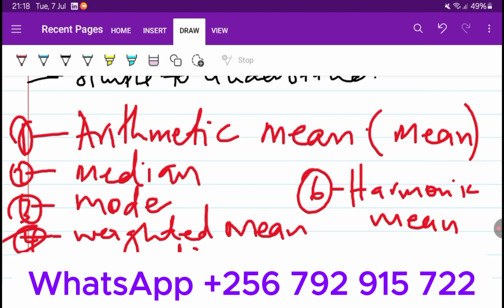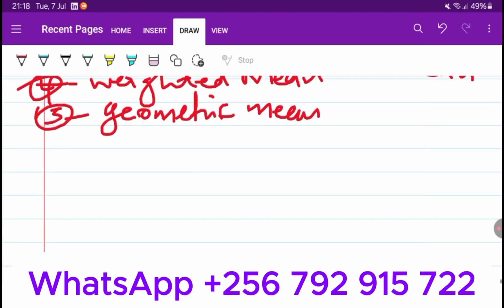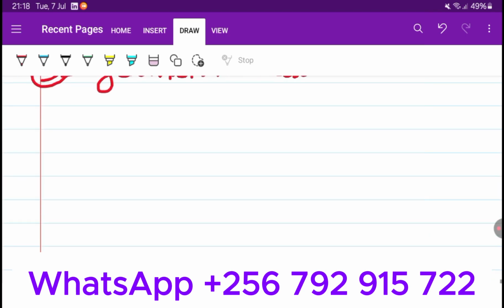Even though they are just computations using different formulas and techniques to compute the measure of central tendency and then the measure of dispersion, as I told you, these topics, from the measure of central tendency to measure of dispersion to skewness and kurtosis, are all going to be taking us to one point.